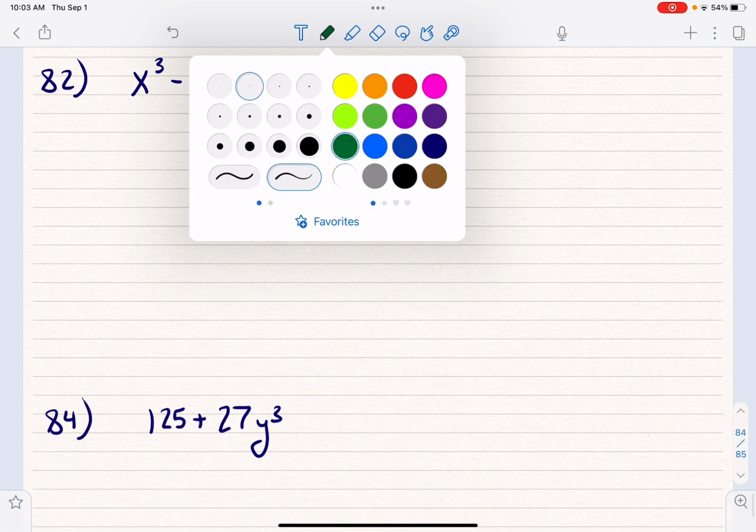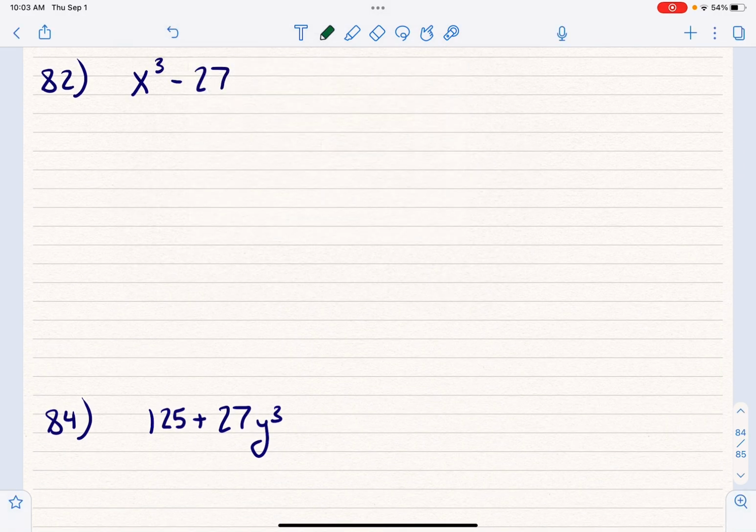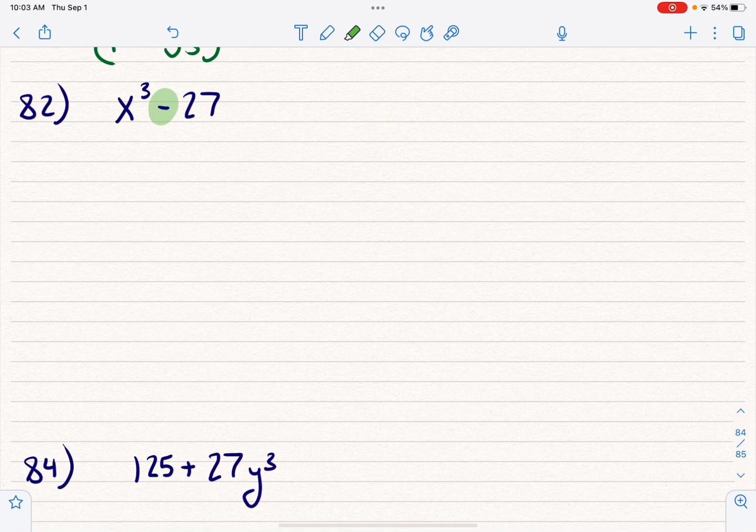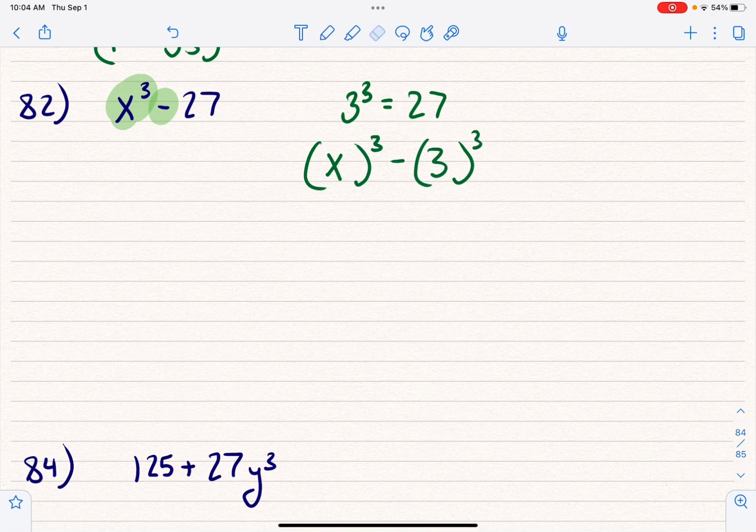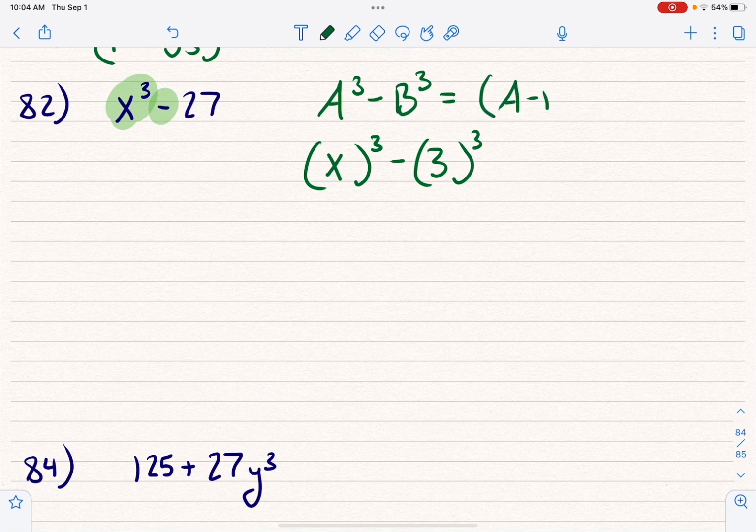This is clearly the difference of two cubes. It's the difference, and it's two things cubed. You've got x being cubed, and we know that 3 cubed is 27. So this is the same thing as x cubed minus 3 cubed. And we know, hopefully we know, that if we have a cubed minus b cubed, that equals a minus b times a squared plus ab plus b squared.